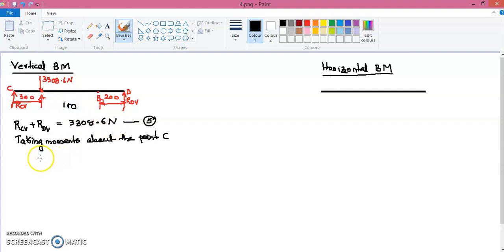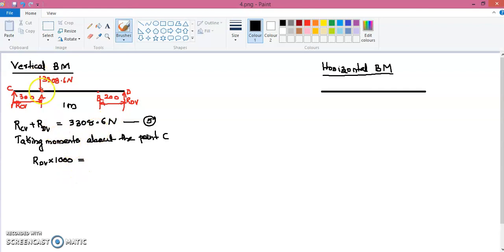So when I take this moment, I can write it as RDV into 1 meter, that is 1000 millimeter. The moment produced by this upward force, that is the sum of the clockwise moment, is equal to the sum of the anti-clockwise moment.